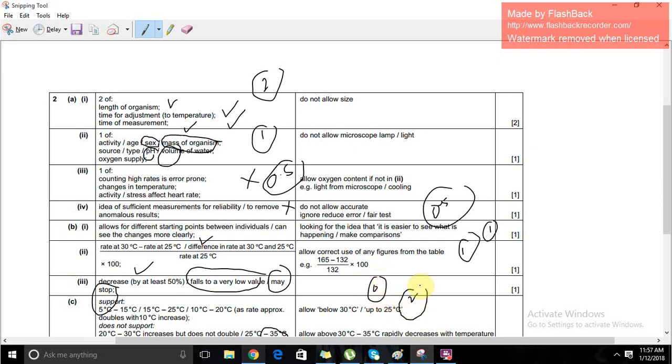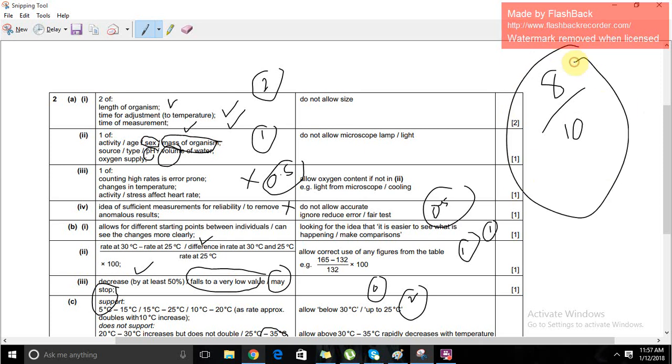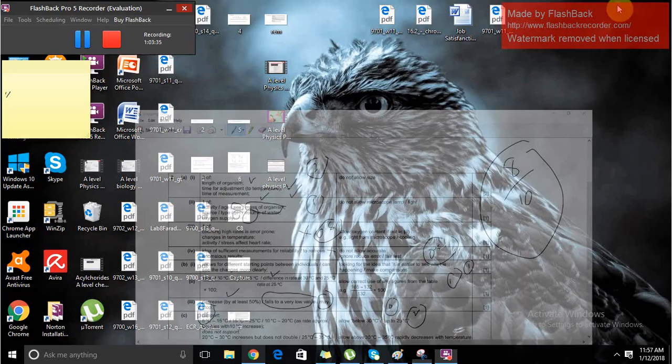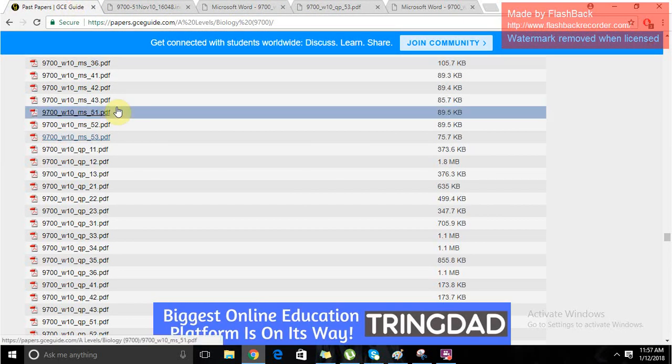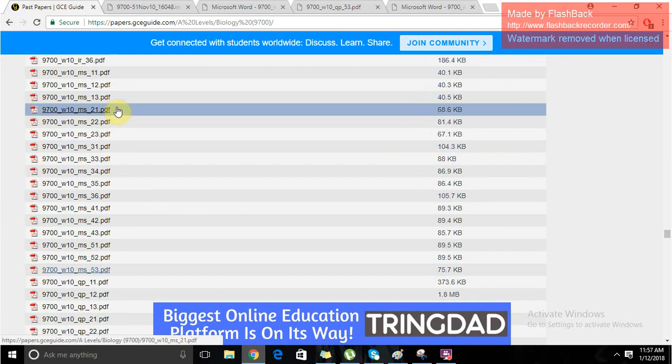From 10, how much do you get? 2, 3, 4, 5, 6, 7, 8. So in total, out of 30, you would have gotten 26 if you had done this, and these are good marks. But as always, we strive for the best, and improvement is something you should always be ready for.